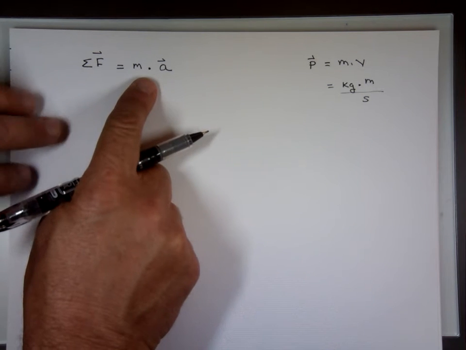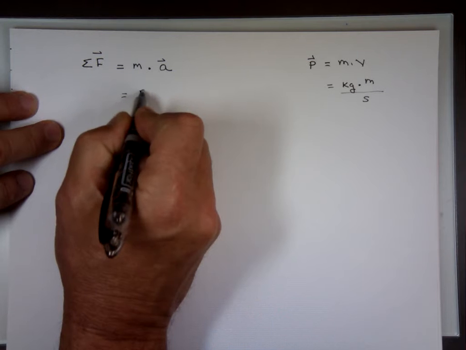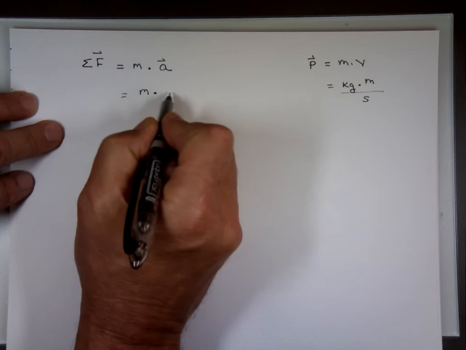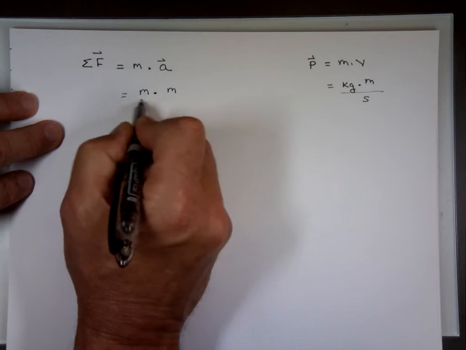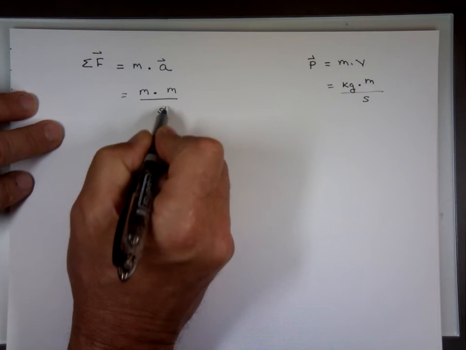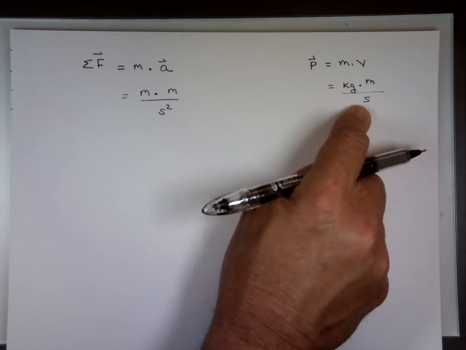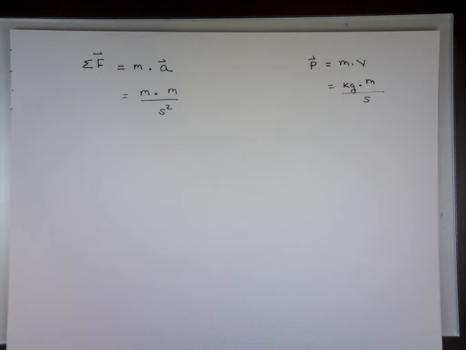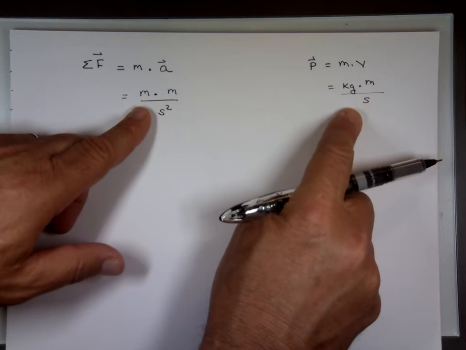Let's look at the units here. It's mass. Acceleration is what? Meter per what? Second squared. There's a difference between them. The units don't match. But what will happen here?